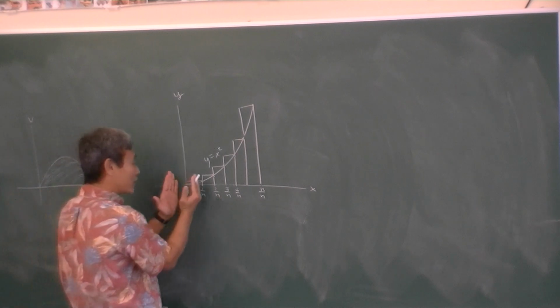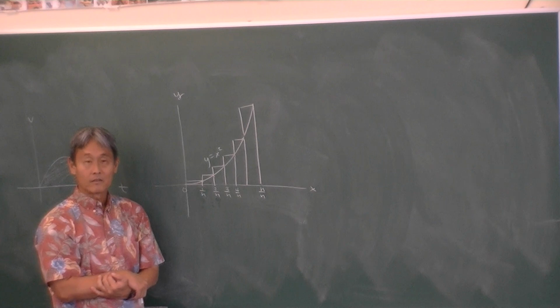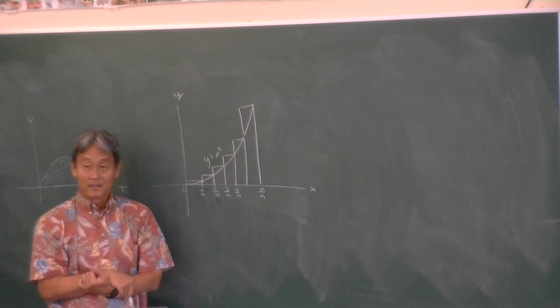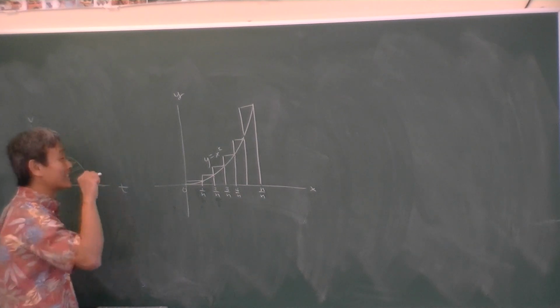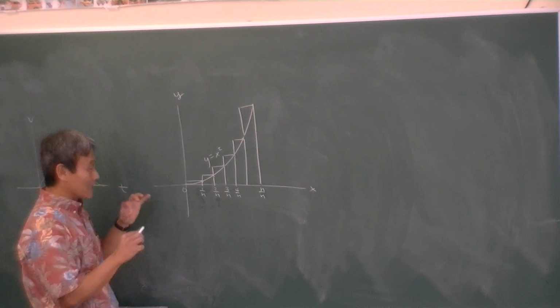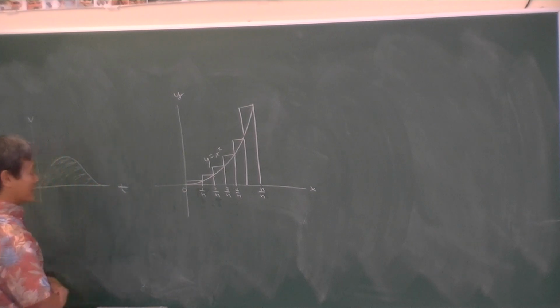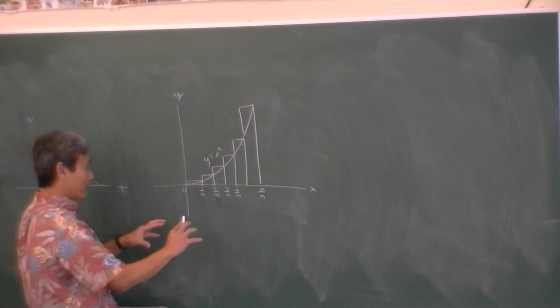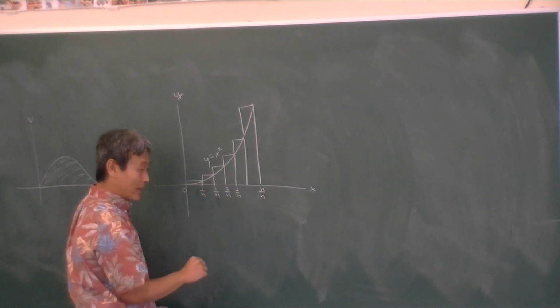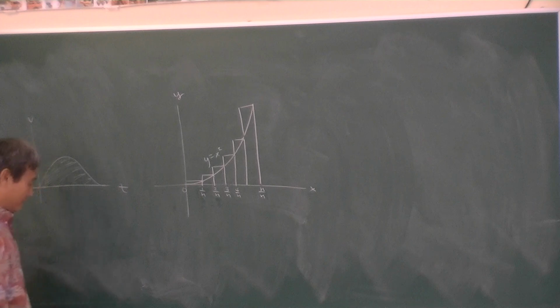Even if you made 1 trillion rectangles, is that exactly the area? No, it's close, but it's not exact. So what do you think we have to do to get exactly the area? You take the limit as the number of rectangles goes to infinity. So this is our strategy. We need to write a formula that represents the area of n rectangles, and then we're going to take the limit as n approaches infinity.